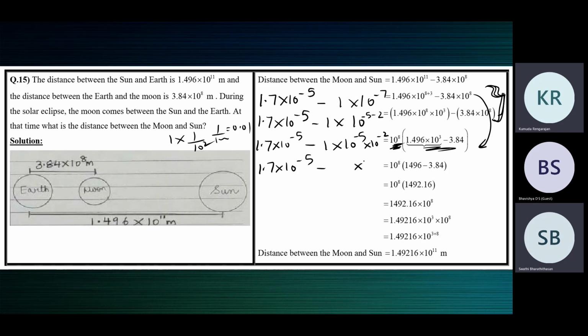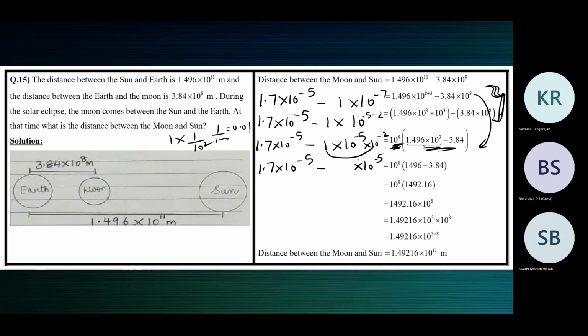You must not disturb 10 to the power minus 5. You should write that as it is. Multiply these two. So it will be 0.01. So this step they've written. It's just that I use these two steps for better understanding. That's all it is.